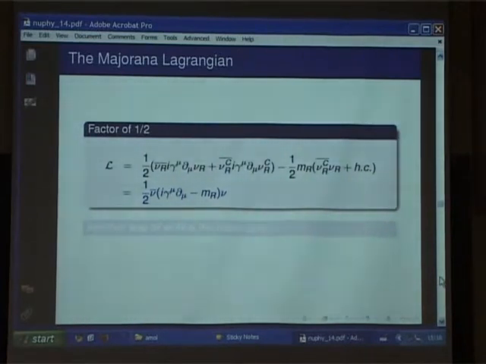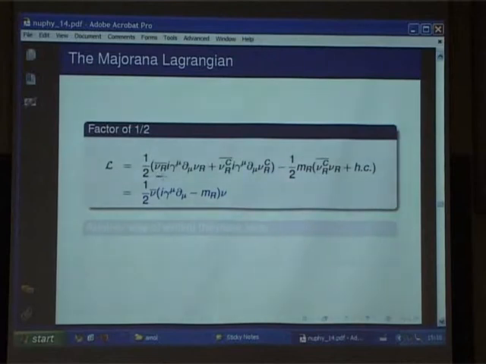Now we will see what happens to our Lagrangian when we add a Majorana mass term. This is a kinetic term which is ν_R bar iγ^μ ∂_μ ν_R plus ν_R^c bar iγ^μ ∂_μ ν_R^c. But now you see a particle is its own antiparticle. So these two are talking about the same field, and since we don't want double counting, we have a factor of half. If this was a Dirac particle, you would just have had this first part.